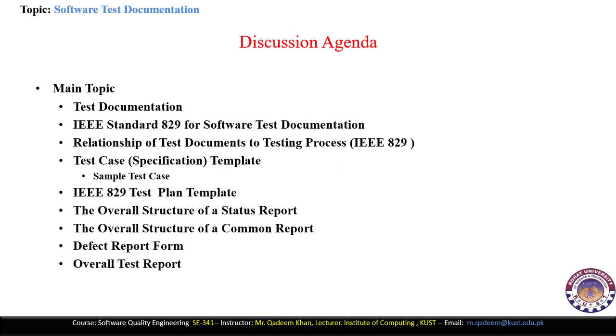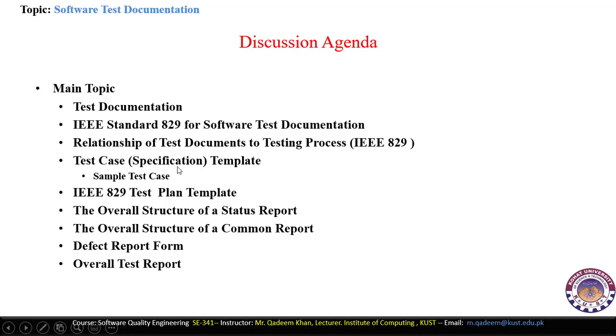This is the discussion agenda. It contains the topics of test documentation. Then we have the IEEE standard 829 for software test documentation. These are the Institute of Electrical and Electronics Engineers' templates for software test documentation. Then we have the relations of the test documents to the testing process, that is, the IEEE 829 standard's relationship between the test document and the test process.